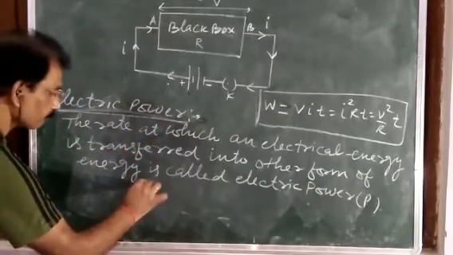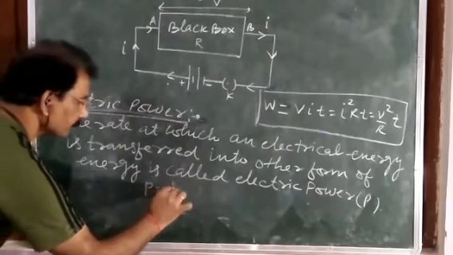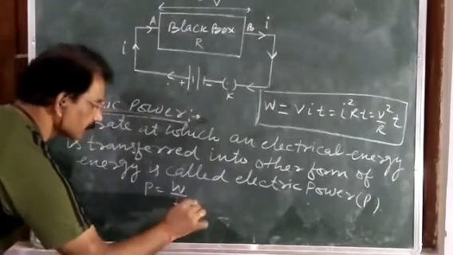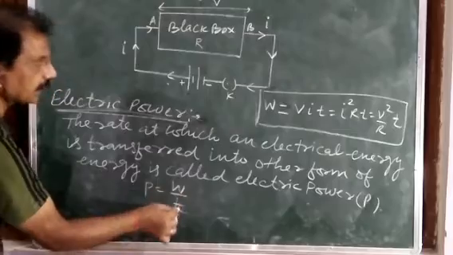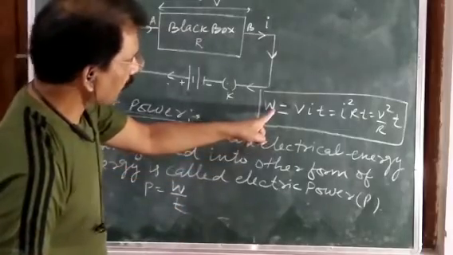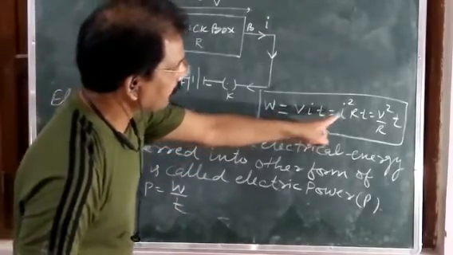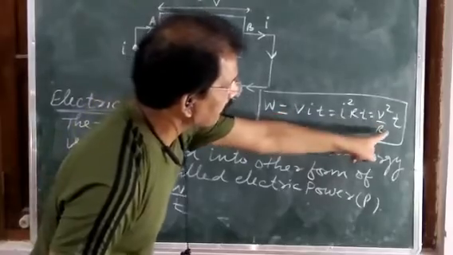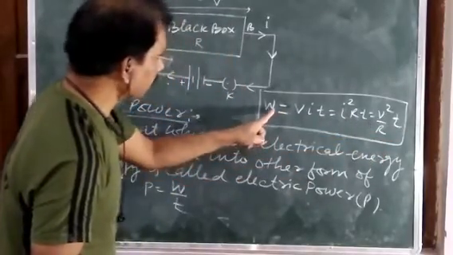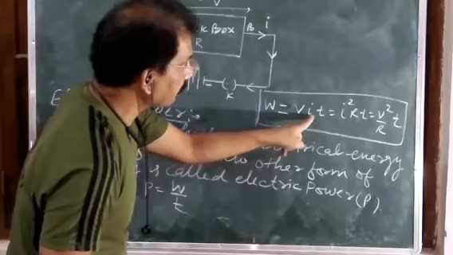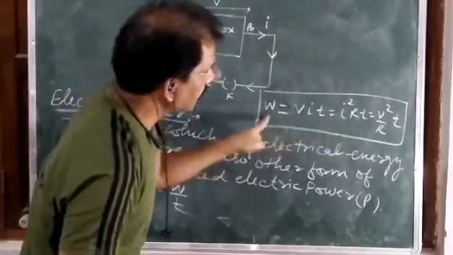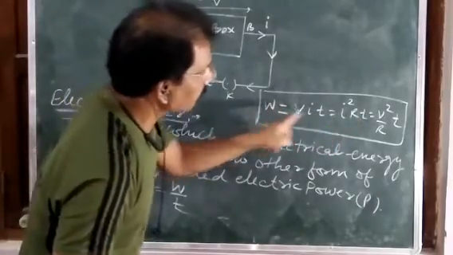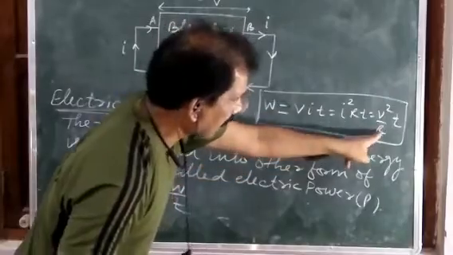It means P is equal to W by T, where W is the electrical energy and T is the time. And from W is equal to VIT or I square RT or V square by R into T, when you take W by T, you will get VI, or I square R, or V square by R.